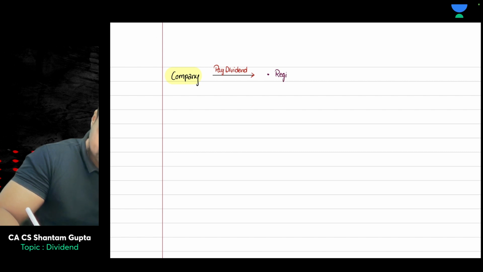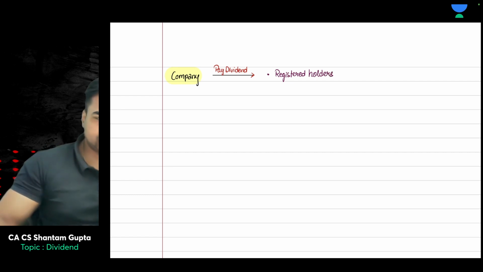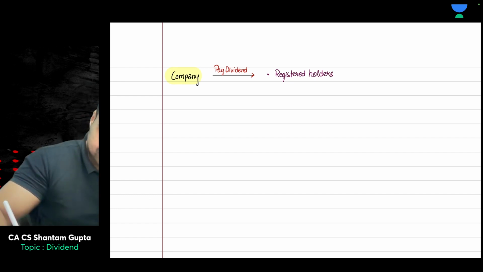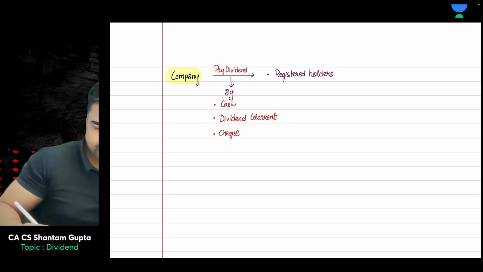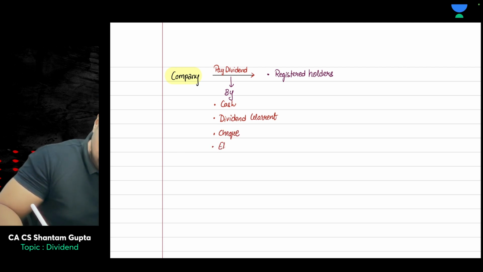Registered shareholders, by cash, dividend warrant, check, or electronic mode.